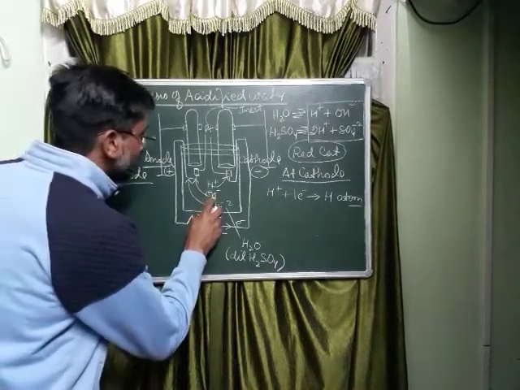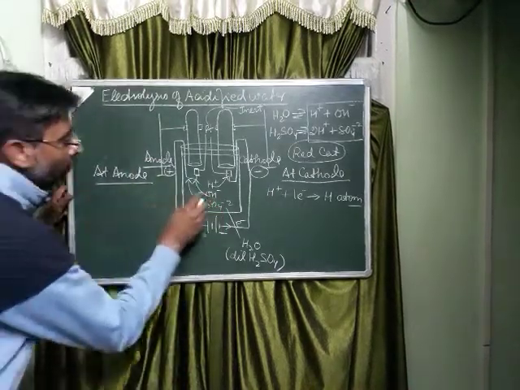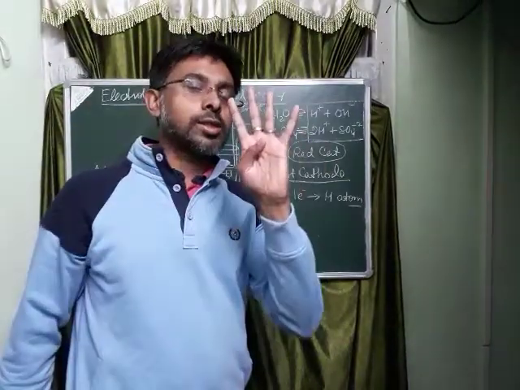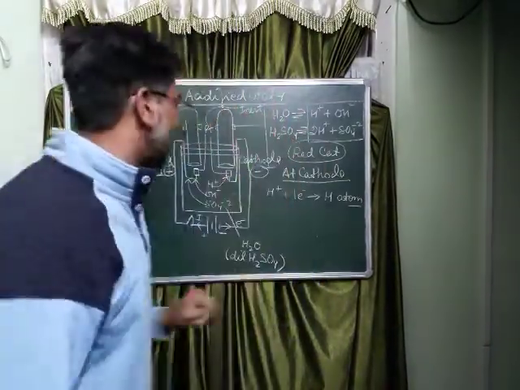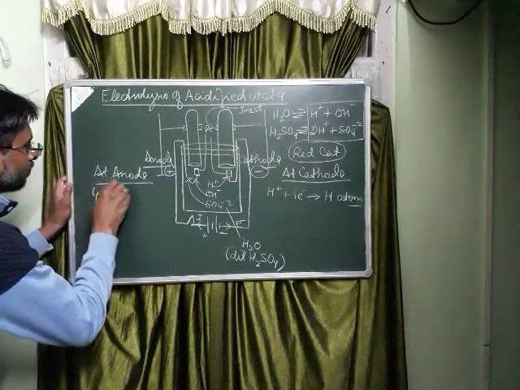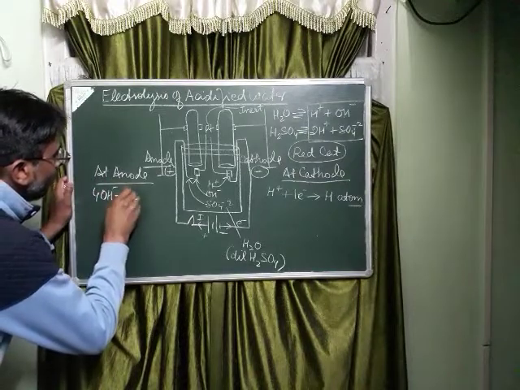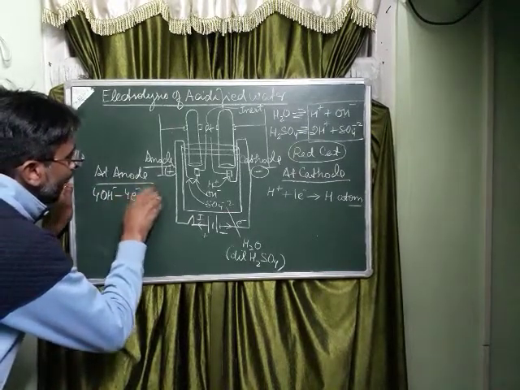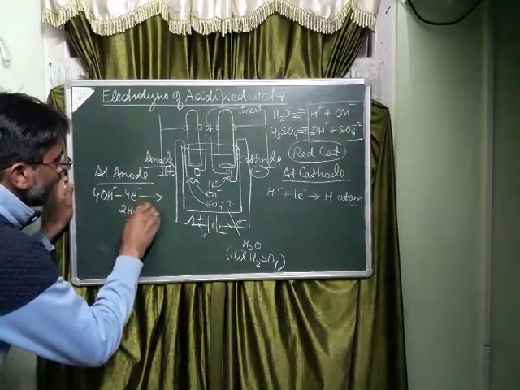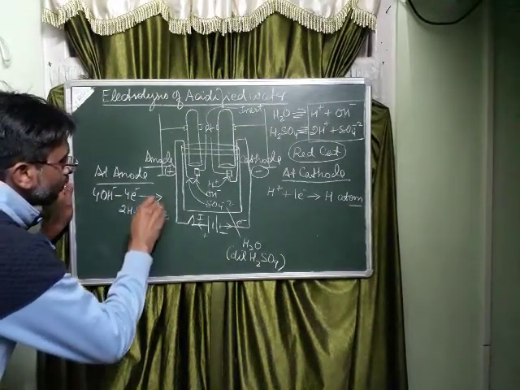Hydroxyl. So hydroxyl is going to discharge. Whenever hydroxyl ion discharges, always keep in mind, we must take 4 hydroxyl ions. So here at the anode, 4 hydroxyl ions will lose a total of 4 electrons and produce 2 water molecules and one oxygen molecule.